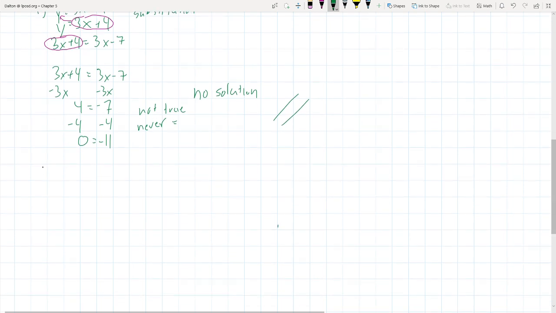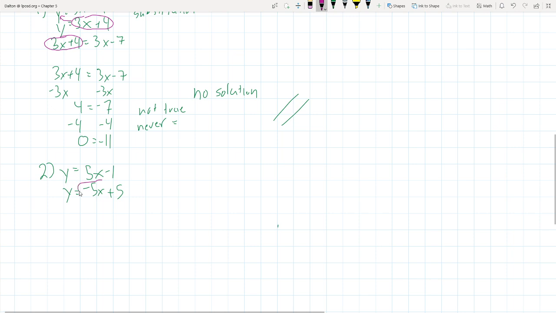Let's try the next one. Number 2. y equals 5x minus 1, and y equals negative 5x plus 5. Again, I'm probably going to use substitution on this just simply because we have these things that are already isolated.